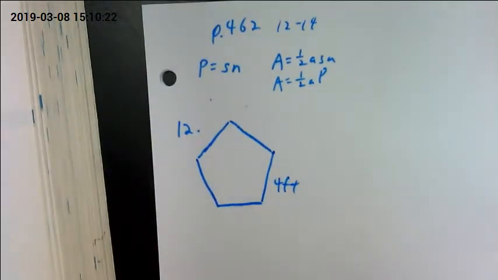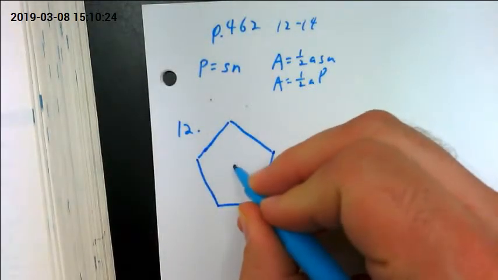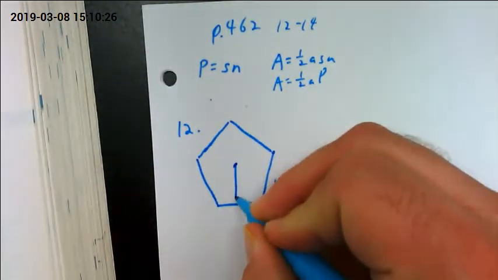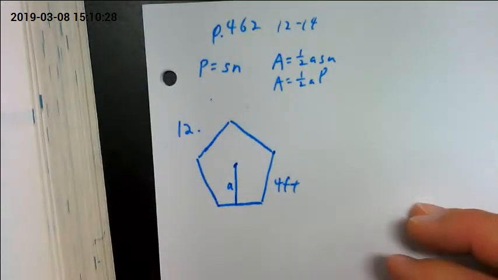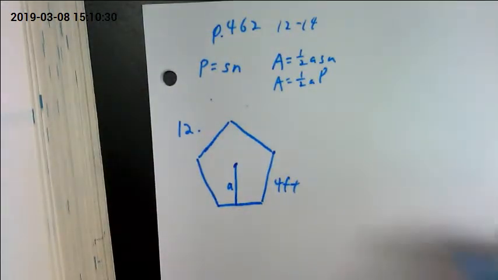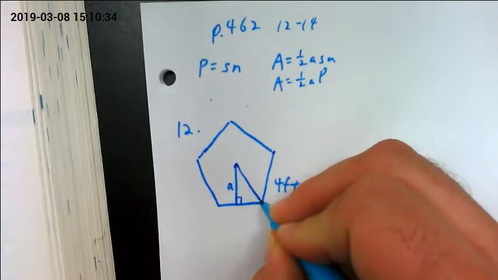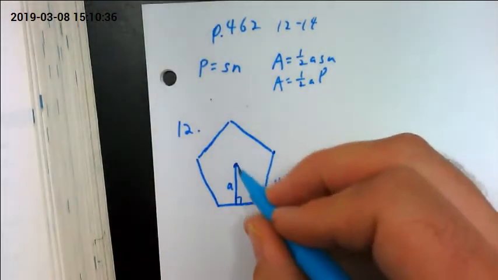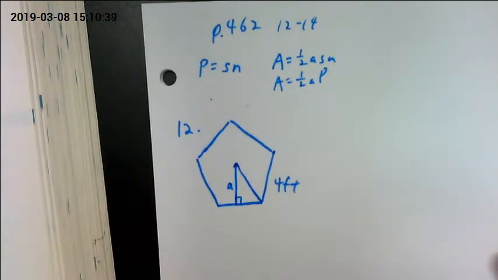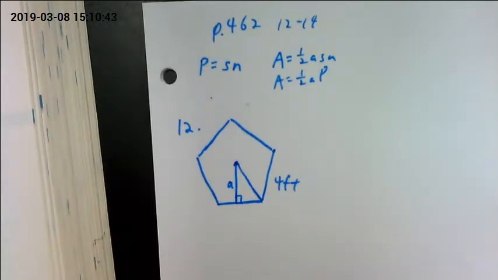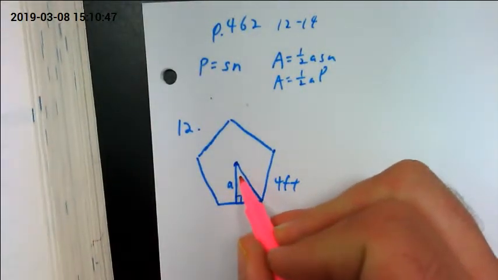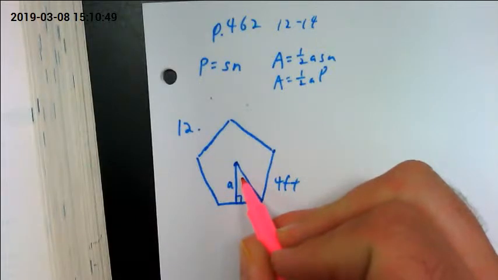So now, on this diagram, I'm going to add in my apothem, which we don't know yet. We have to solve for it. In order to solve for it, we're going to have to use this right triangle made by drawing in those two pieces, the apothem, and then the distance from the vertex to the center as well. Now, in order to figure out what this angle is up at the top, because again, this is just like the example that was in the book, right, with the octagon.